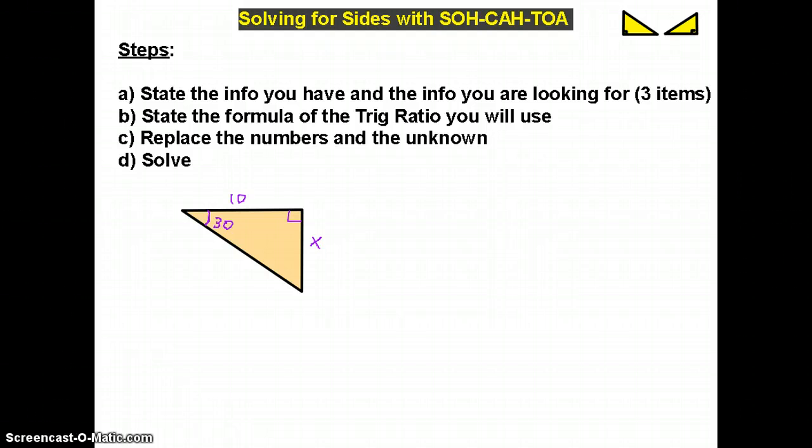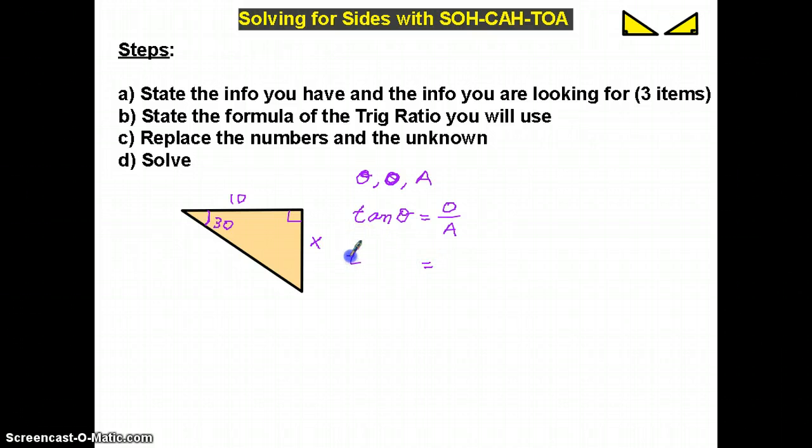And if I don't have that number, in this case, I have an angle. I have the opposite. It's not writing properly. And I have the adjacent. So which formula had opposite and adjacent? It was tangent.